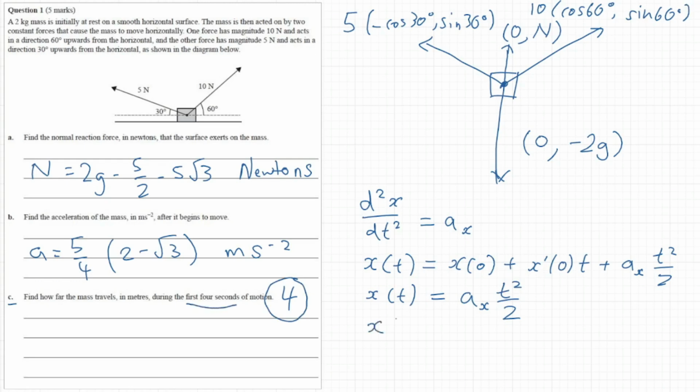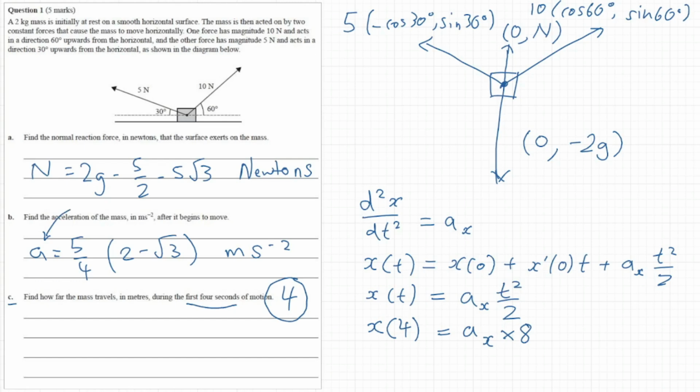So I'm going to write, for the next line, the position at time t equals 4 equals ax times, now t squared will be 4 squared, which is 16. Divide by 2, we get 8. So I'm going to write times 8. And we already know ax. I've written it as a here, but ax and a are the same thing in this context.